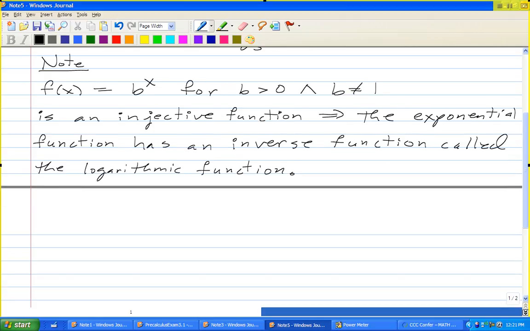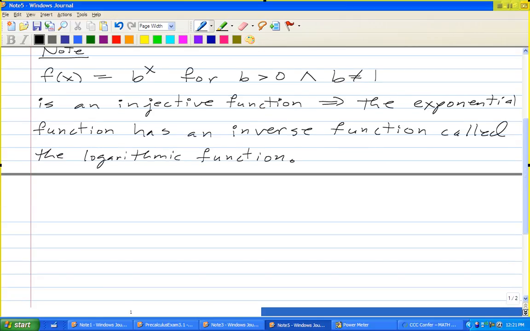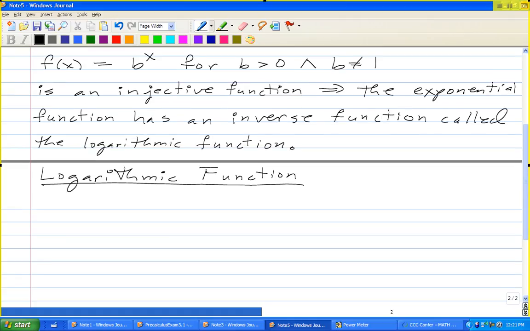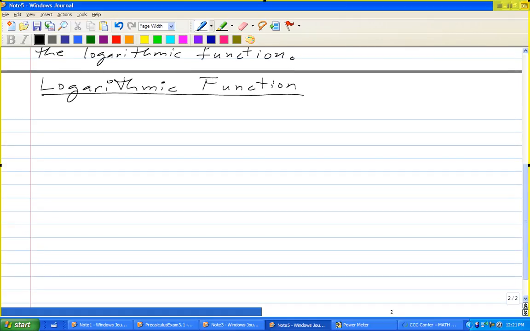So let me state that. So the logarithmic function, first, suppose that your base is greater than 0 and not equal to 1.